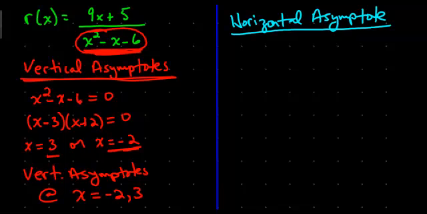And for my horizontal asymptotes, that's going to be the long-term behavior.